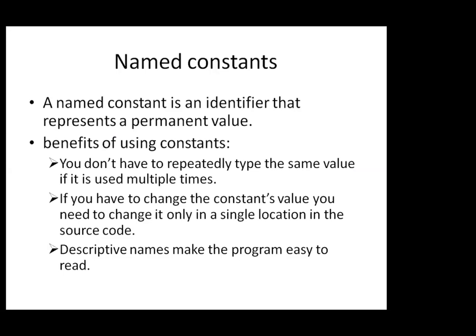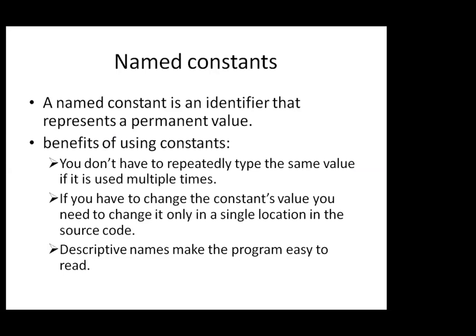Benefits of named constants are: there's no need to repeatedly type the same value. If you're using a constant in a program repeatedly, once we declare it as a constant, there's no need to type the value.